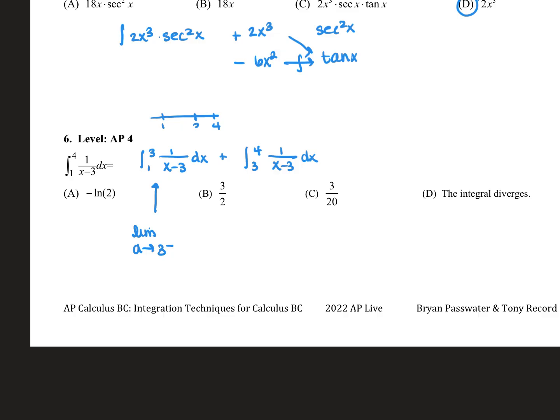I'm cutting it off at 3, which means I'm only approaching 3 from the left side on this piece. So 1 to a. And if I integrate that, that's going to be the natural log. And as I send a to 3, this is going to negative infinity, so this diverges.